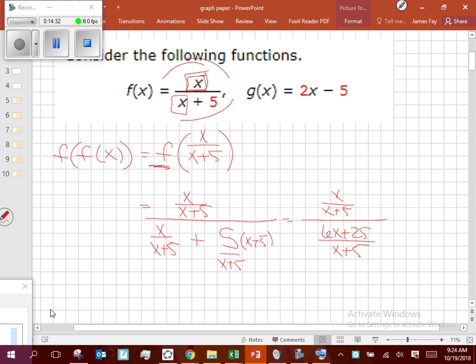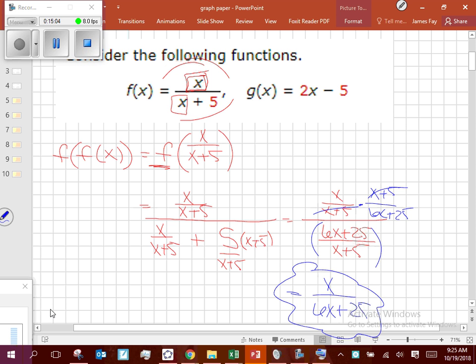Okay, now what happens? Multiply by the reciprocal of this thing, right? So it gives me x plus 5 over 6x plus 25, right? What's really nice about that? Yeah, those guys cancel, right? It leaves me x over 6x plus 25, correct? That's my composition of f with itself, okay?